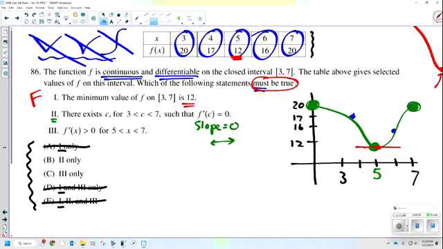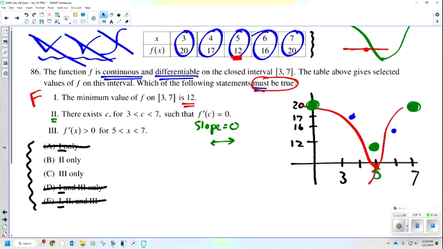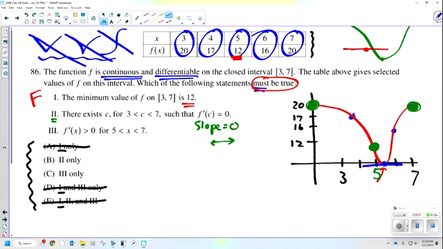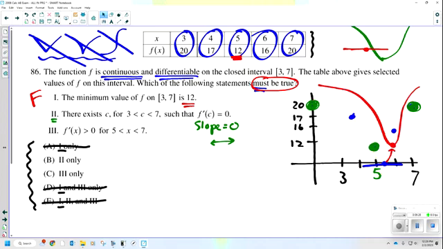All right, well, you said I don't have to connect the dots all the time. Let's get rid of this. Let's bring this red one back in. Guess what? I have, and I'll do this one in blue, right here, a horizontal tangent line. It doesn't matter how I draw this.